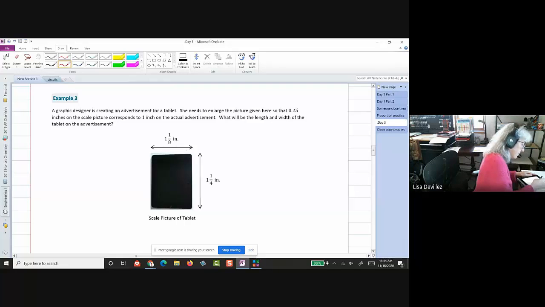So this is her scale values. So 0.25 inches on the scale drawing is equal to 1 inch on the ad that she's doing.